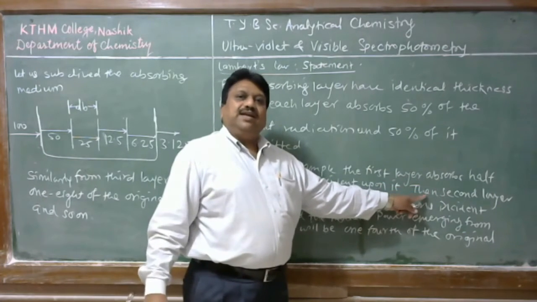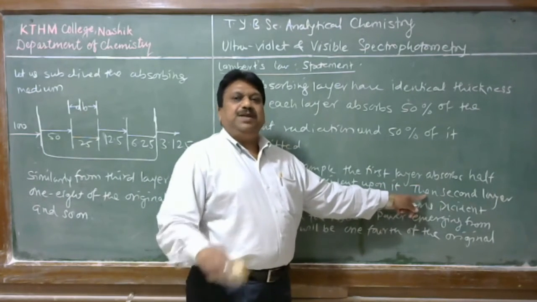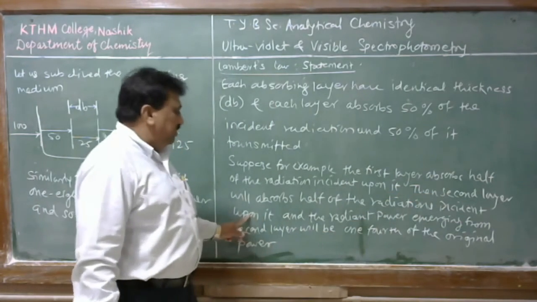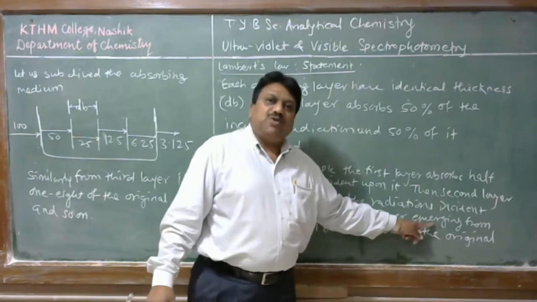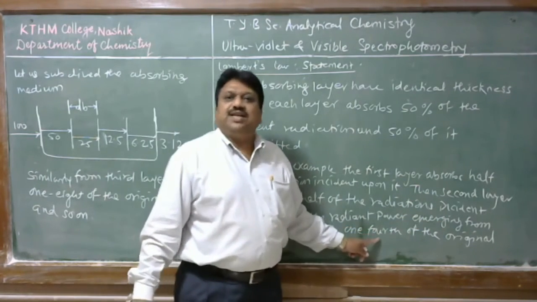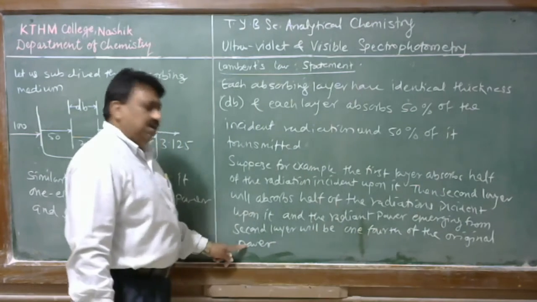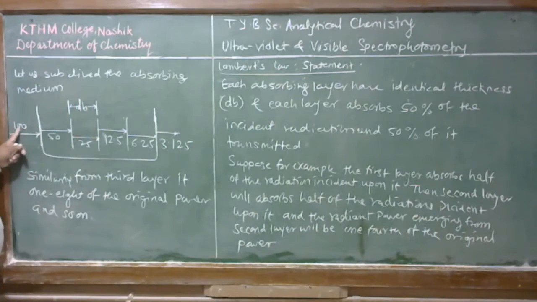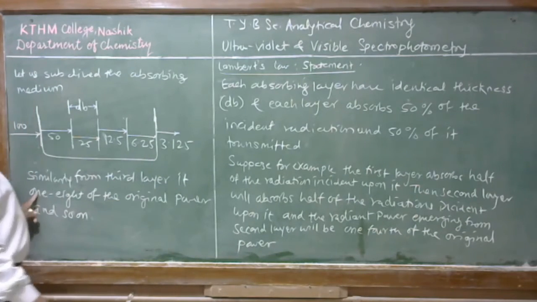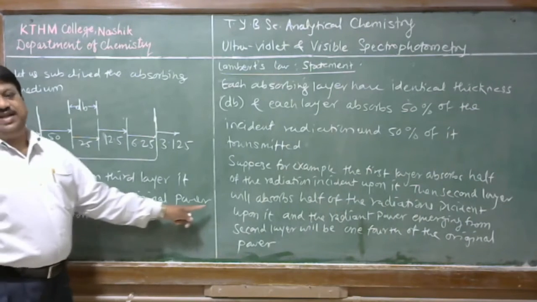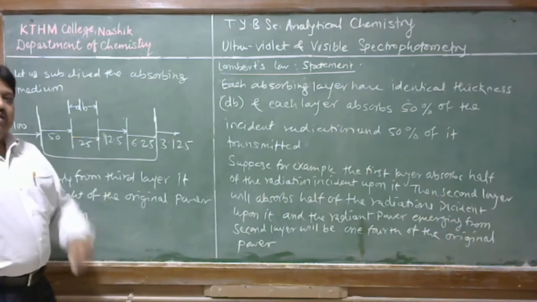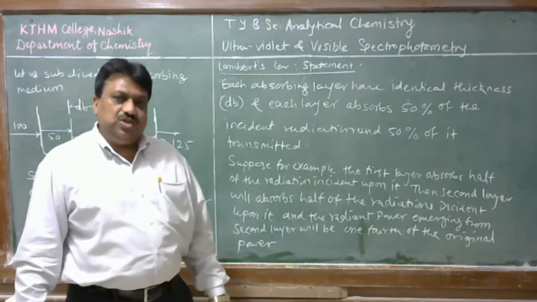Then the second layer again absorbs 50% of what is received from the first layer. In this way, the radiant power emerging from the second layer is 1/4 of the original radiant power falling on the first layer. Similarly, the radiant power emerging from the third layer is 1/8 of the original radiant power. In this way, the radiant power decreases in the solution.